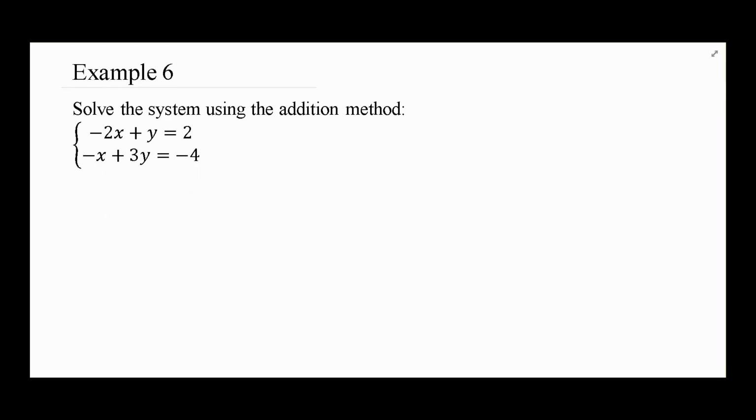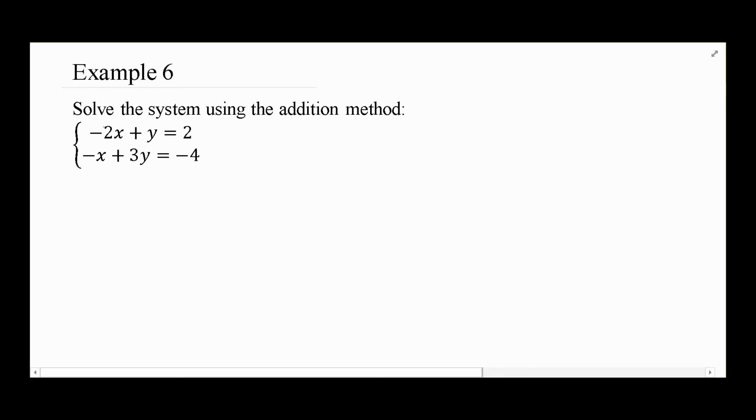And what we've got to think about is that we want our variables from the 2 different equations to be opposites of one another. So our very first step is to multiply the equation or equations by a value that will cause the coefficients of one of the variables to be opposites of each other. So as we're looking at this, we have 2 options, and neither one's right or wrong.